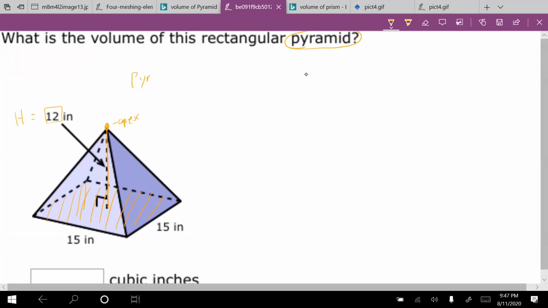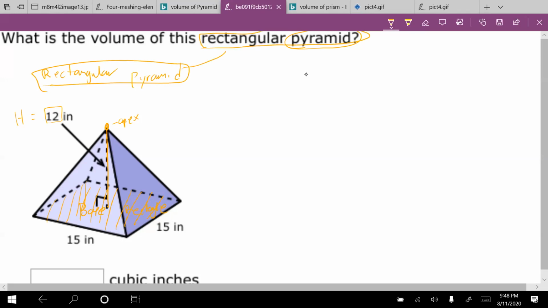Can we try to name this pyramid? Yes. What's the shape of the base? The shape of the base is a rectangle. And this figure will be a rectangular pyramid.